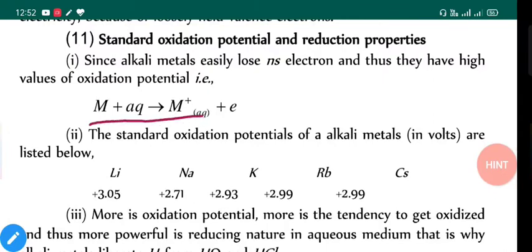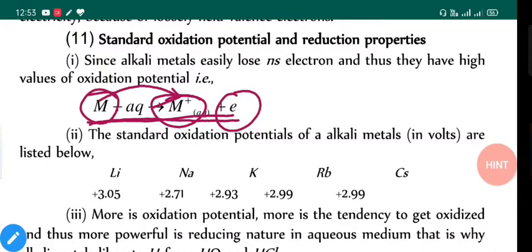As an example, a reaction is mentioned here. The metal increases its oxidation state by losing the electron. So it represents that the metal is oxidized. Now if the metal is strongly oxidized, that means M+ is more stable than M itself.